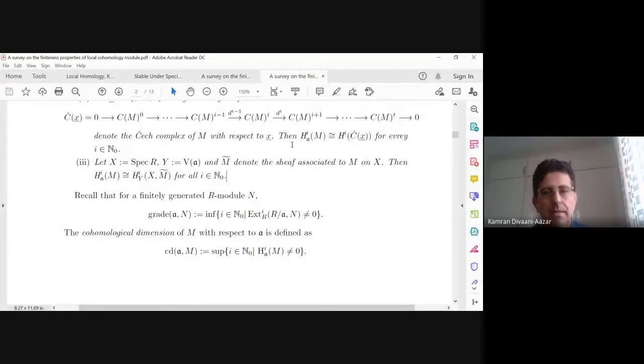So local cohomology that is studied in commutative algebra is a special case of cohomology of schemes that is studied in algebraic geometry.